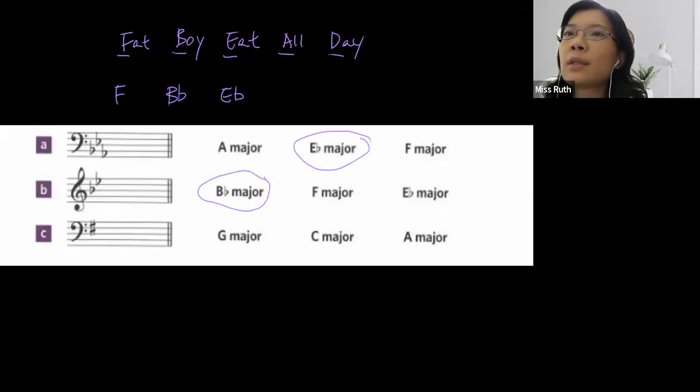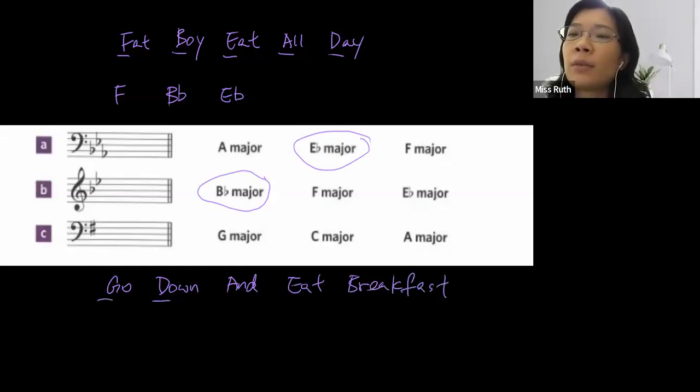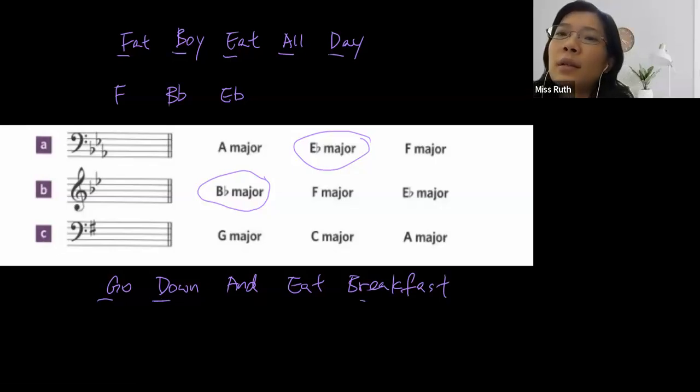And for the sharp system, we also have one sentence. Again, we always take the first letter in each word of the sentence.